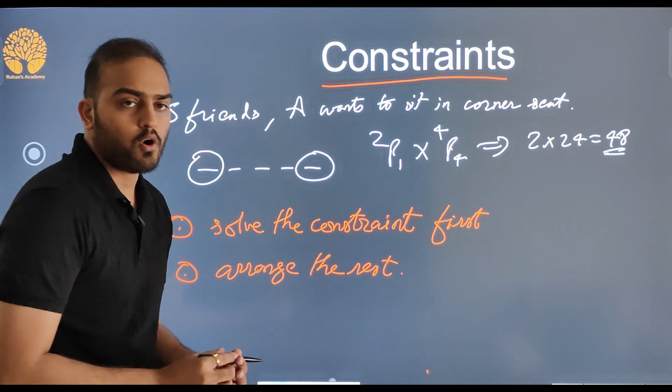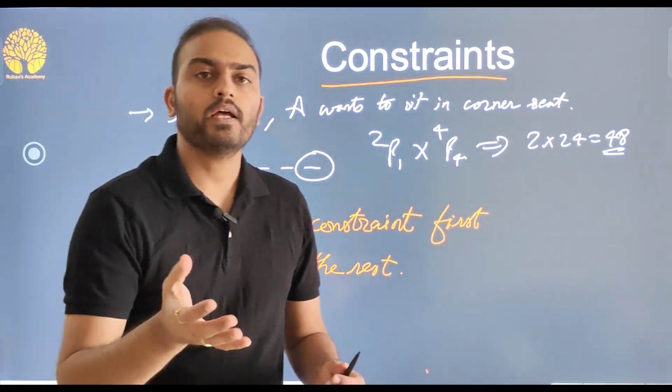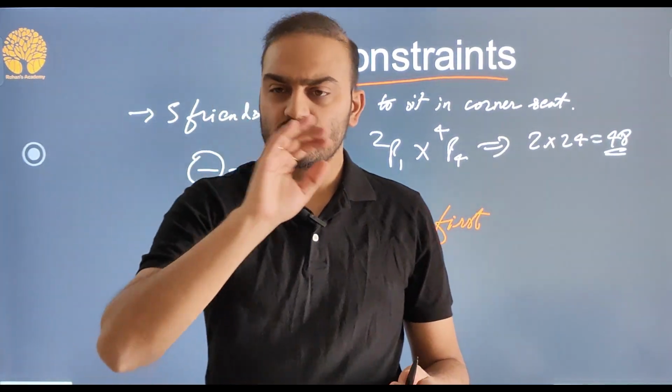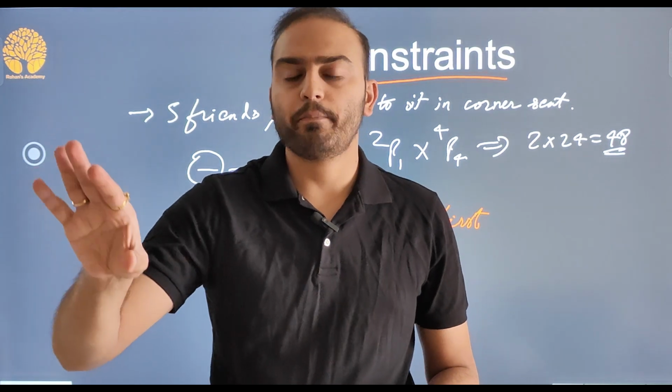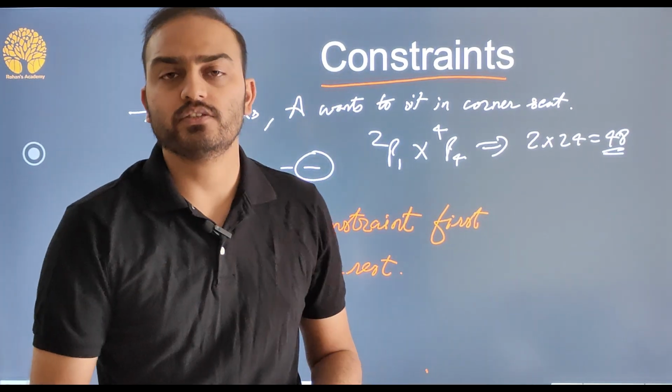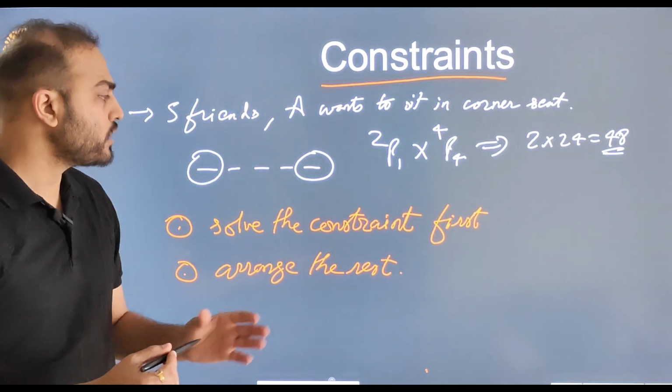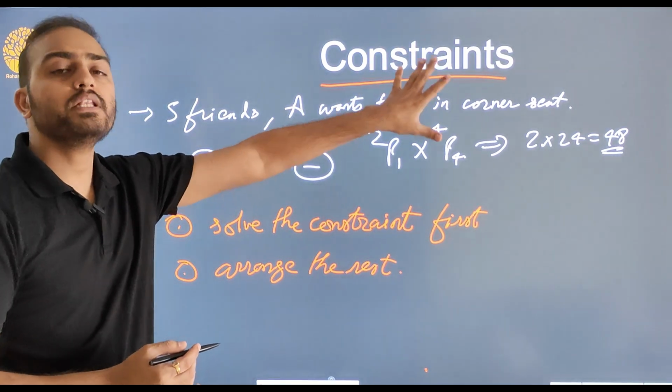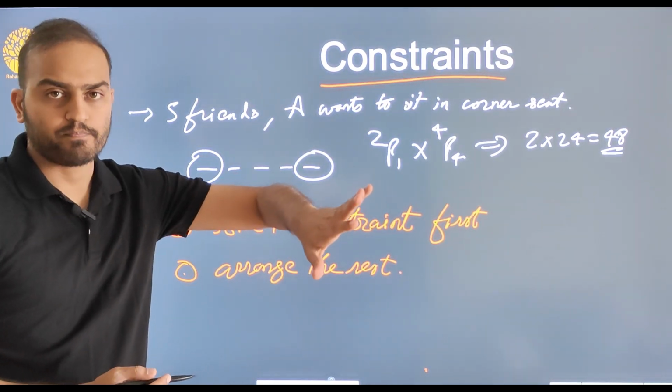Your thinking should be: let me solve the constraint first, let me get this out of the picture, and then arrange the rest. If you do that, you'll find solving all these questions very easy.